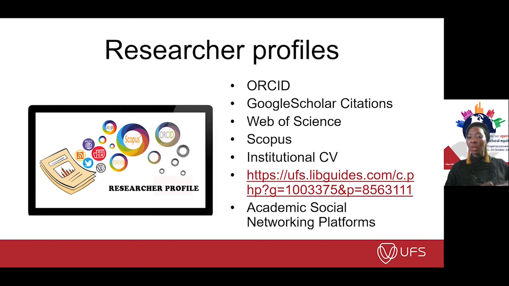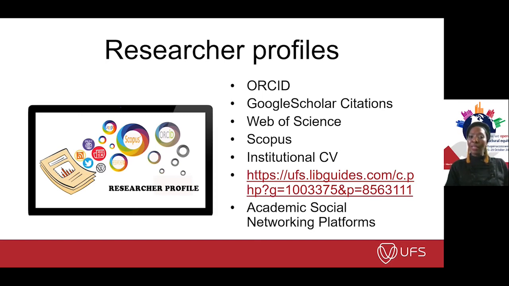For instance, you are able to integrate your Scopus profile with your ORCID profile. This helps in the sense that all your publications from Scopus will automatically be added onto your ORCID profile. So you won't have to add them manually. By virtue of integrating these two accounts together, they would then be added onto your ORCID profile automatically.